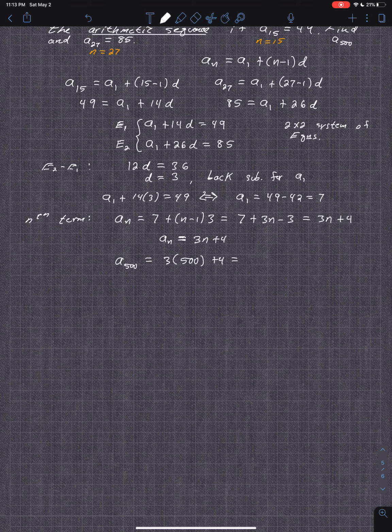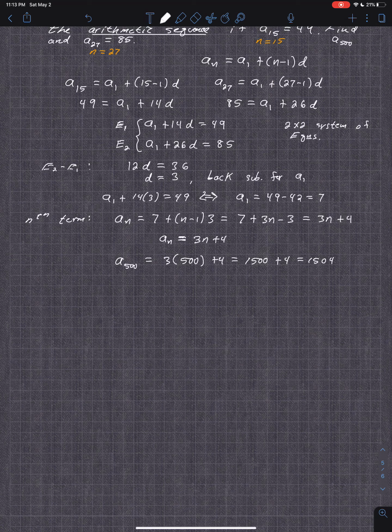So 3 times 500 is 1500 plus 4, so it's just 1504. It's not an O, it's a 0, but okay, fine. So 1504 is the 500th term of that sequence.